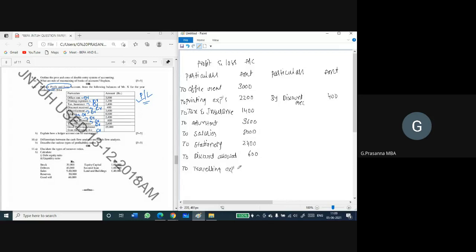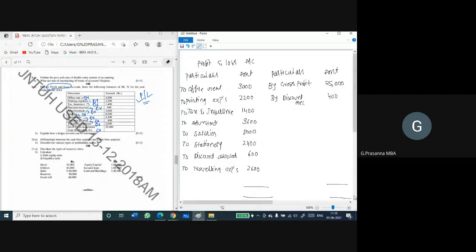What is the amount of traveling expenses? 2,600. To gross profit from trading account, so here we will get "By" gross profit. What is the amount of gross profit here? 25,000. By this we have prepared the P&L account.